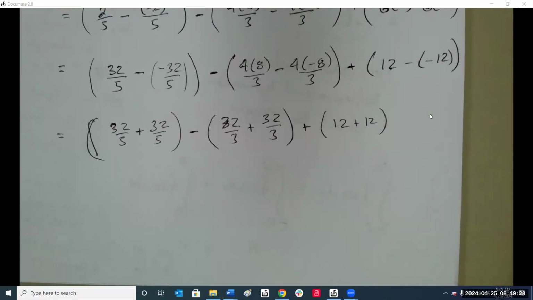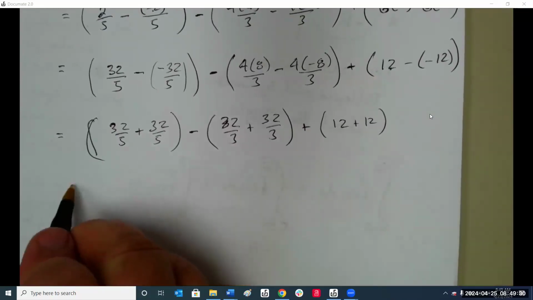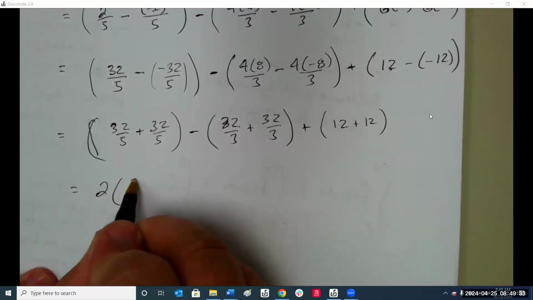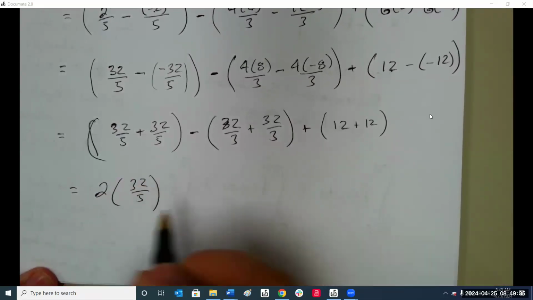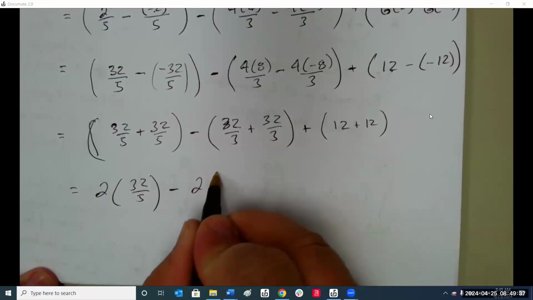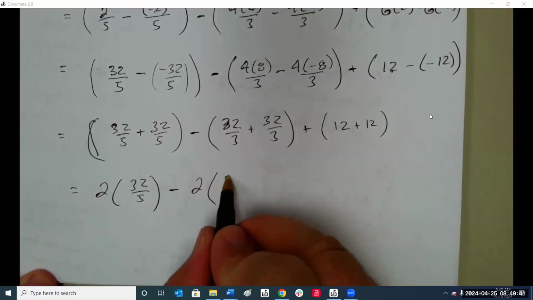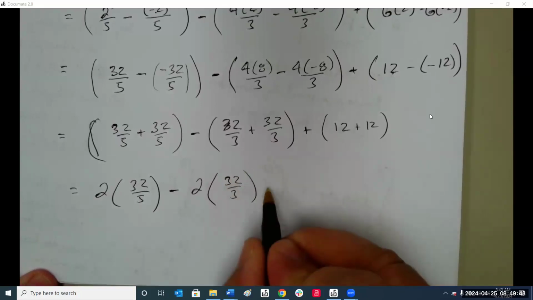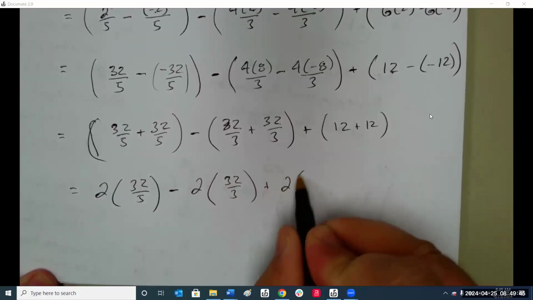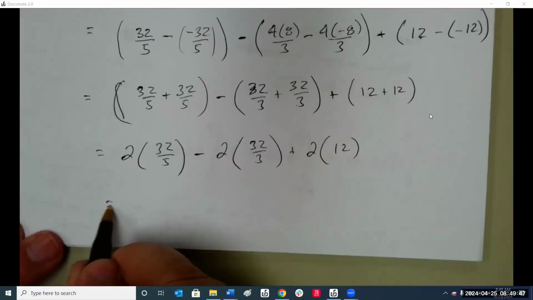What do you see here? 2 times 32 over 5, 2 times 32 over 3, 2 times 12.